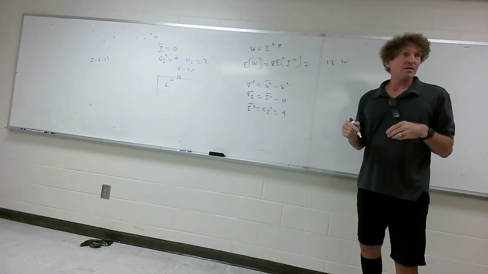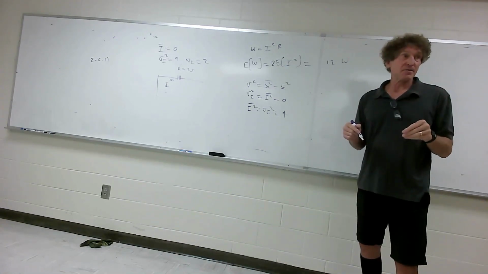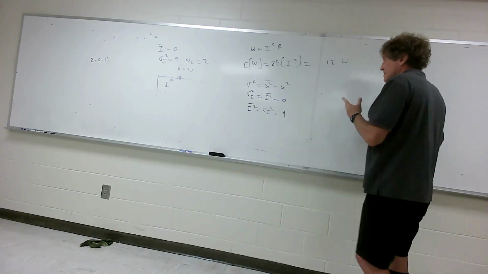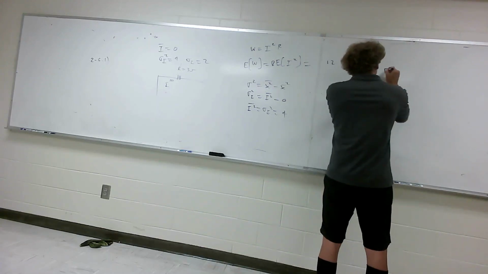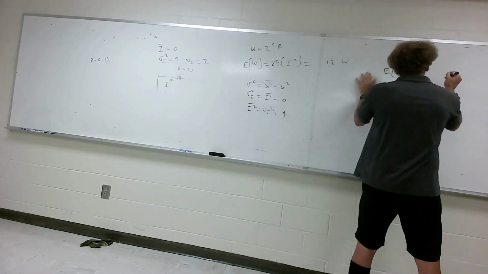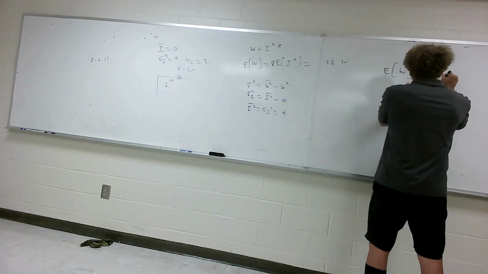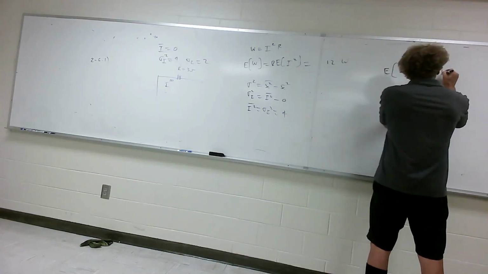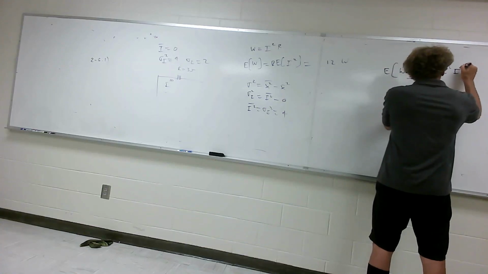How do you find the mean squared value of the power? Just think about it. That's the expected value of W squared, right? That's the expected value of R squared I to the 4th, correct?